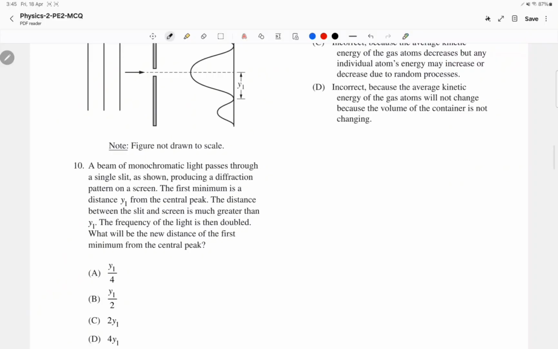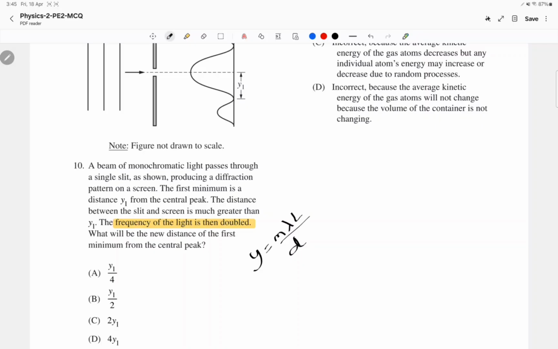Question 10. So the distance between the bands is given by the equation y = mλL over D, with D being the distance between the slits. Now we're changing the frequency. We're doubling the frequency, but there's no frequency in the equation.